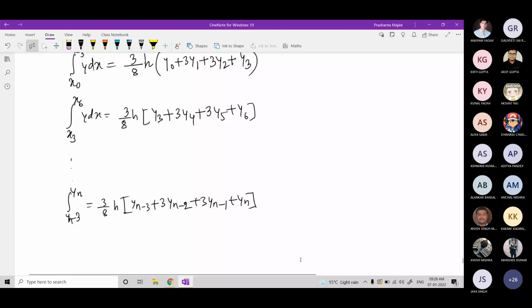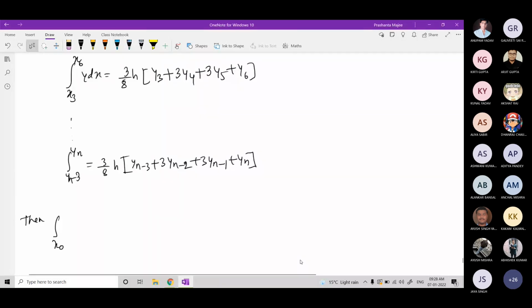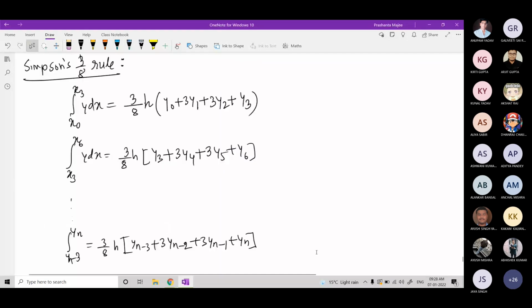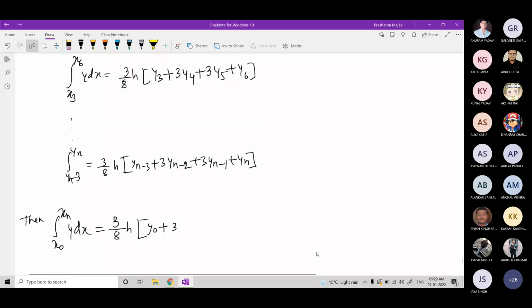What will it be then? Integration from x0 to xn of y dx will be 3 by 8 into h, y0 plus, you add all of them, 3 times y1 plus 3 times y2 plus 2 times y3 plus 3 times y4 plus 3 times y5 plus 2 times y6 and so on up to the last data.